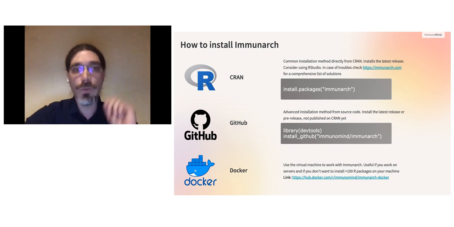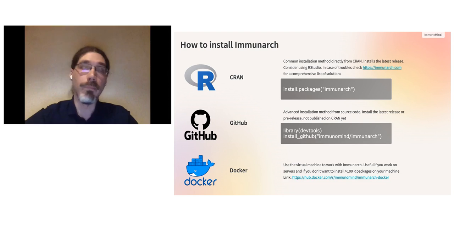Let's move to the bioinformatics part. How to install Immunarch. First of all, consider using RStudio for R data analysis. RStudio is an amazing software for R programming, and it's very helpful for beginners and advanced users as well.